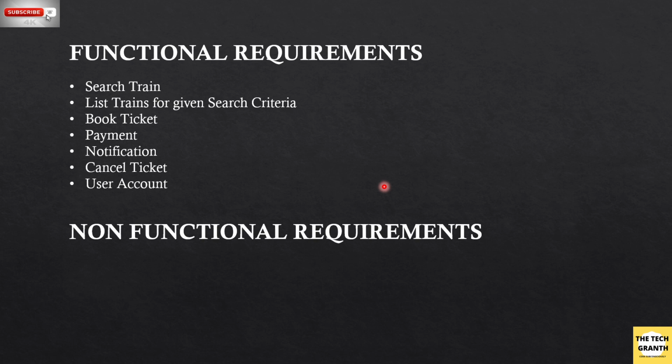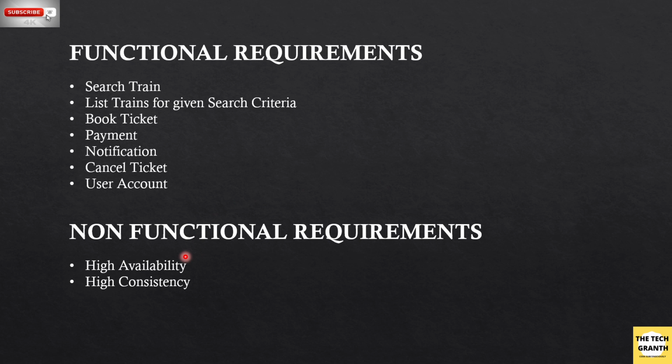For non-functional requirement, generally if you are coming up with a website for ticket booking, it should be highly available. If it is not available, then user experience will be bad. And next thing is that it should be really consistent, because payment is involved, ticket booking is involved.